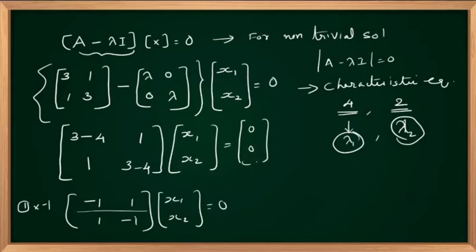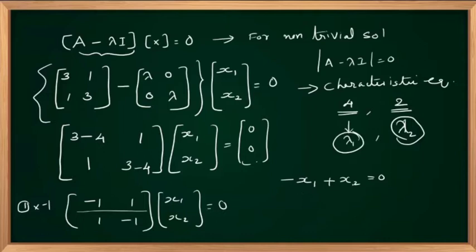The second row is actually a replica, so I need not bother about it. I multiply the first row with the first column: minus 1 into h1 plus 1 into h2 equal to 0. The second row would give the same equation multiplied by minus 1, which is of no use because it gives no additional information.